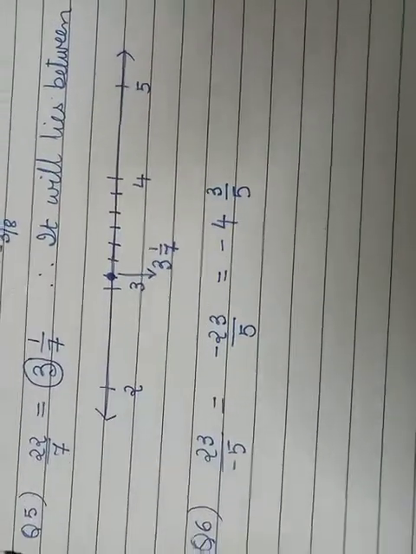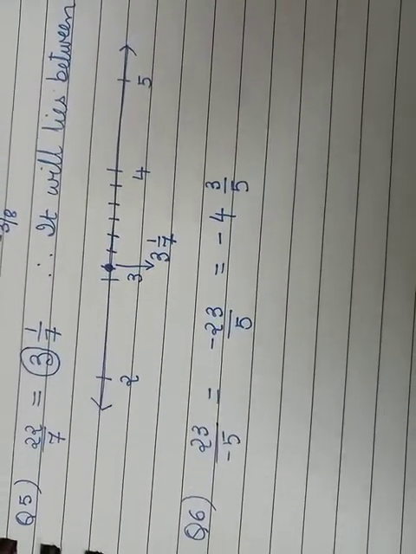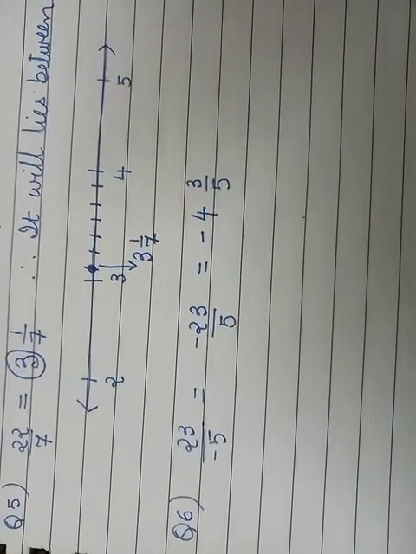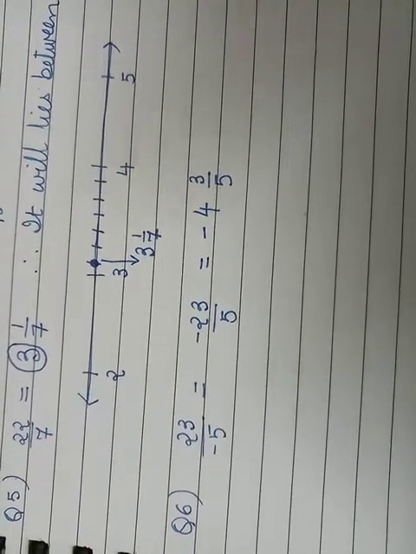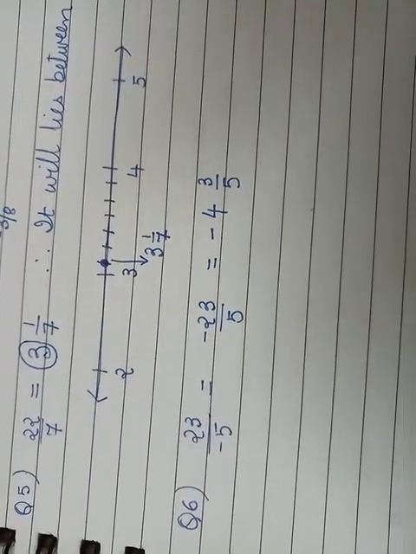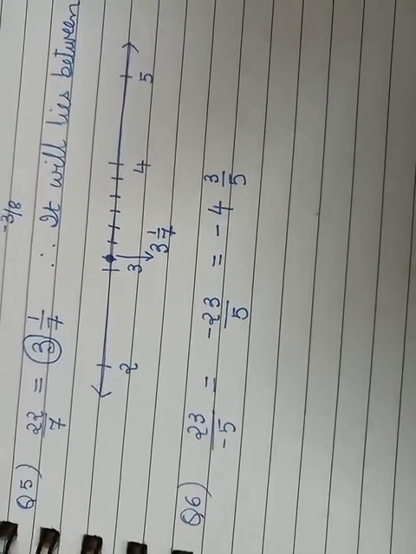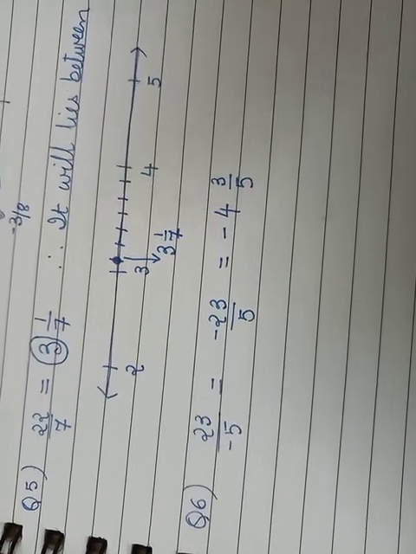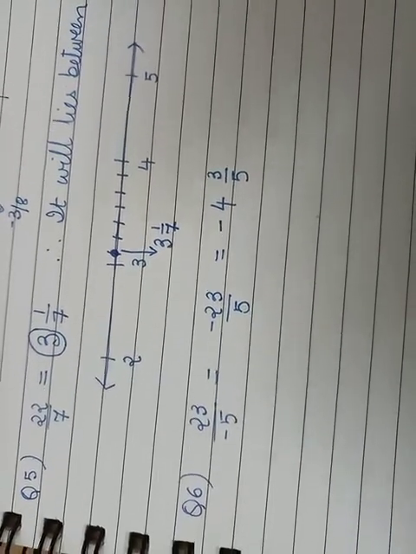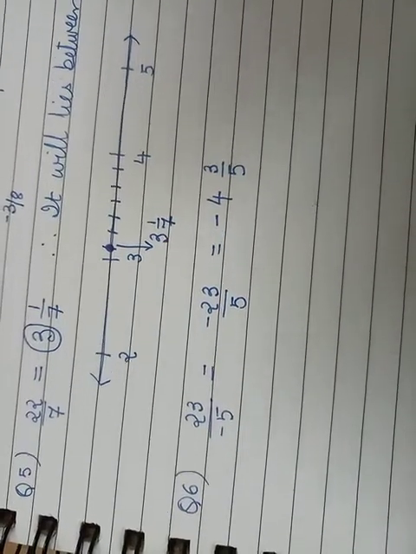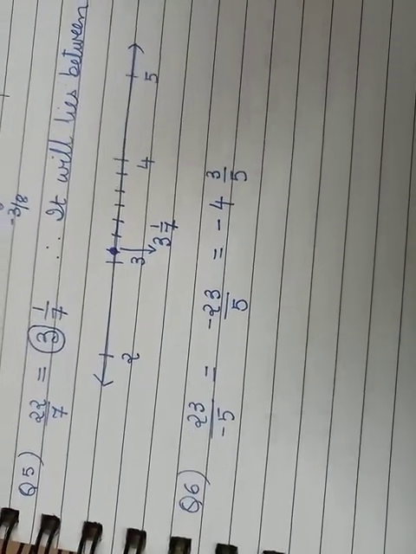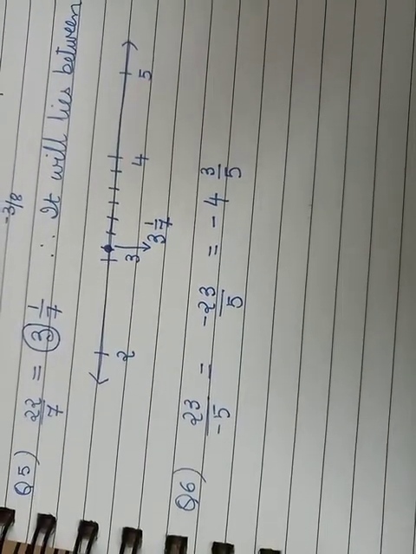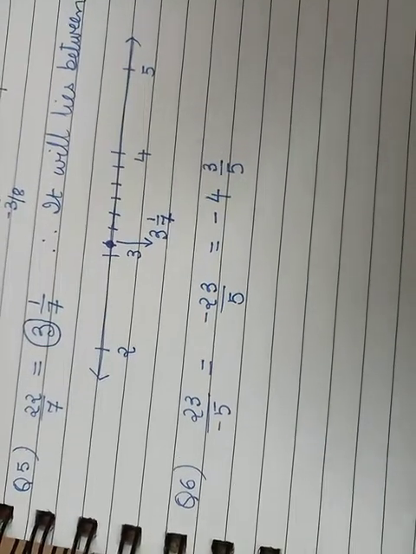So now we have to decide where it will lie. It is less than minus 4 and greater than minus 5. As we know very well, among negative numbers, the number which has a greater numerical value is smaller, and the number which has a lesser numerical value is greater.